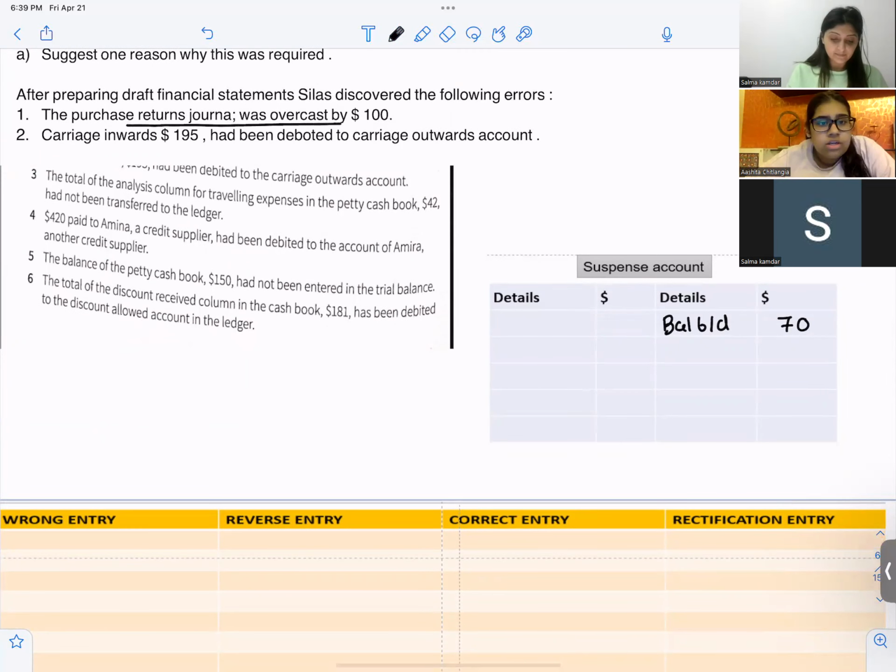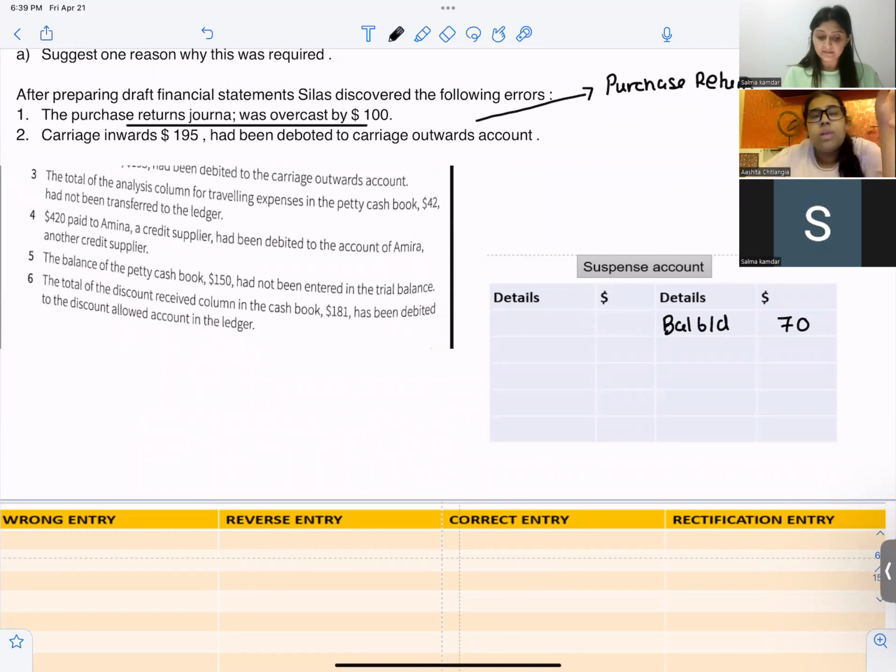The purchase returns journal was overcast by $100. So purchase return normally has a credit balance. It is overcast, and overcast means a debit balance, the opposite side.